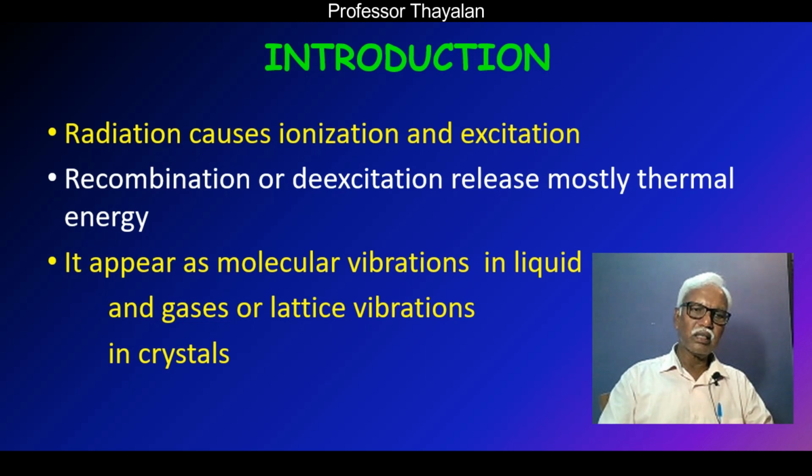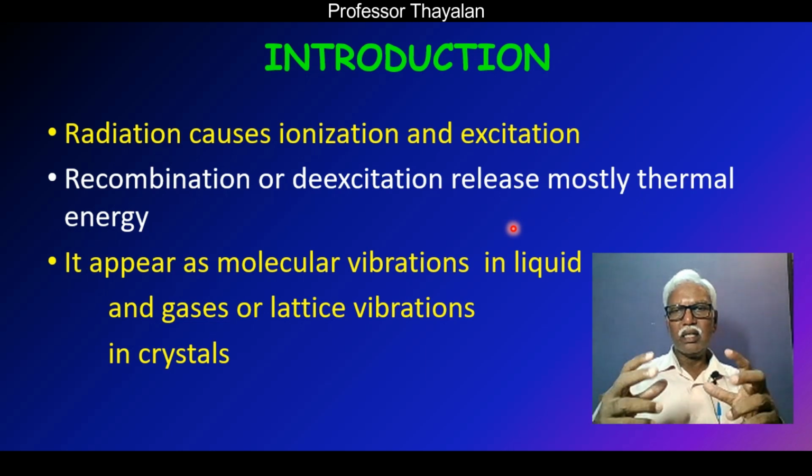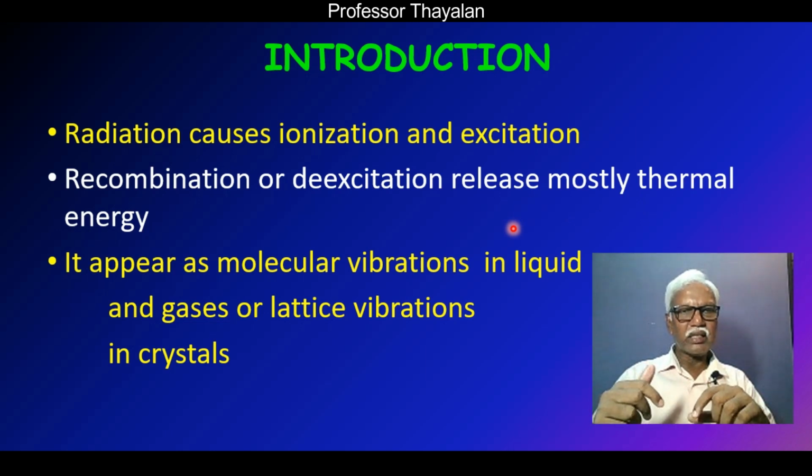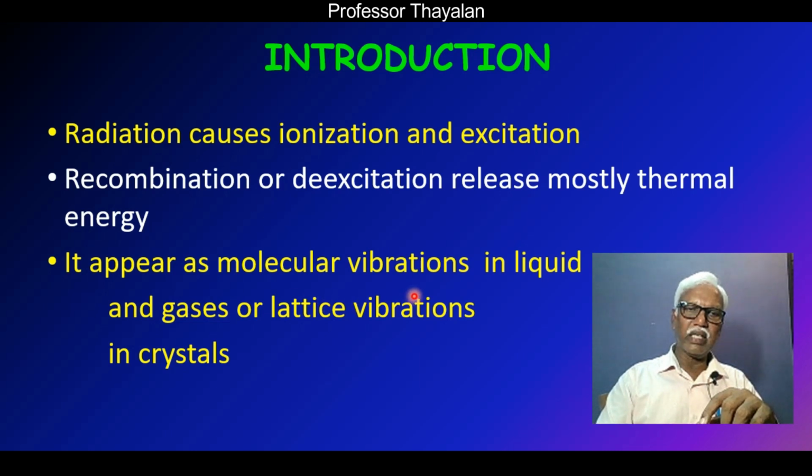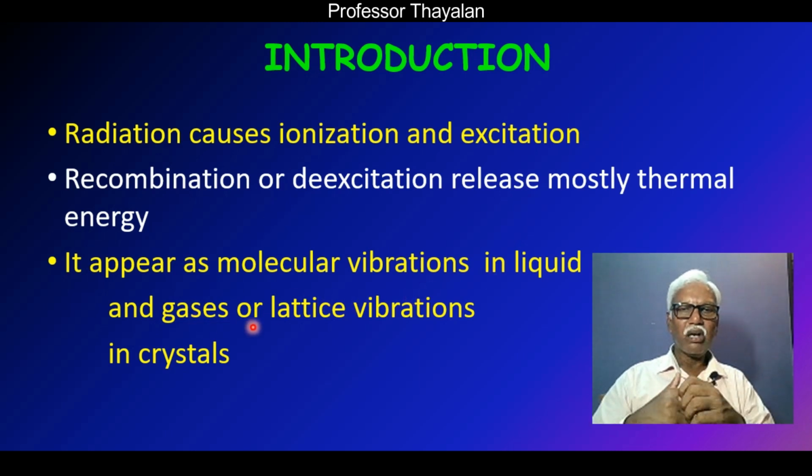After ionization, the electron can recombine with the atom, or after excitation there may be a de-excitation process, that is, the excited atom returns to the ground state. During that process they emit thermal energy. This thermal energy appears as molecular vibrations in liquids and gases or lattice vibrations in crystals.